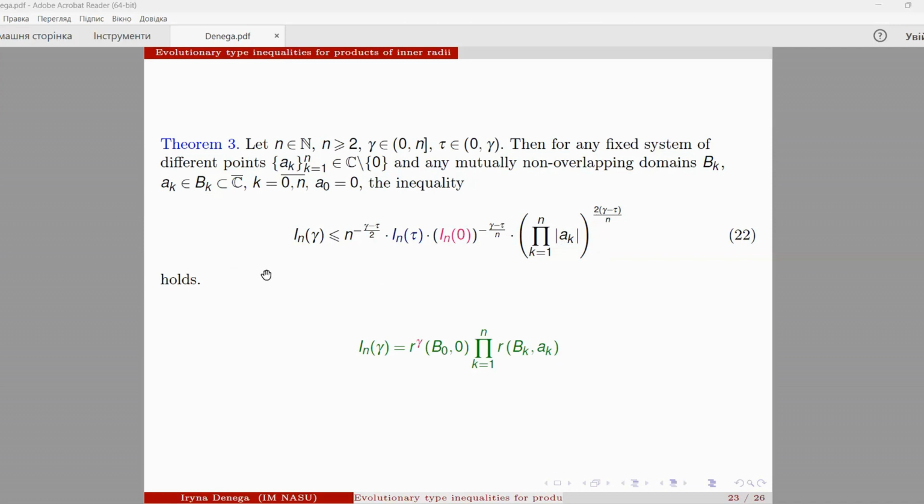In this case, the functional I_n of gamma is determined by the initial value of the functional I_n of 0 and the intermediate value of the functional I_n of tau.